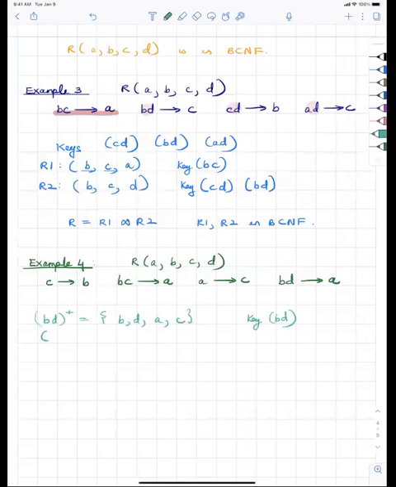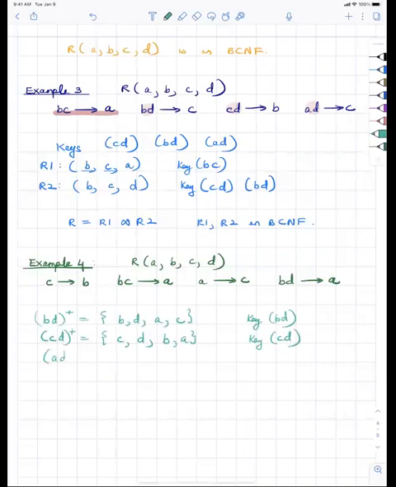You have CD is just not derived in any of these on the right-hand side. A, B, and C are all there, but D, so every key that you have must have a D in it, because D never appears on the right-hand side. So let's just look at CD. Will that give you the key? Okay, C, D, C goes to B, and BC goes to A. So key is also CD.